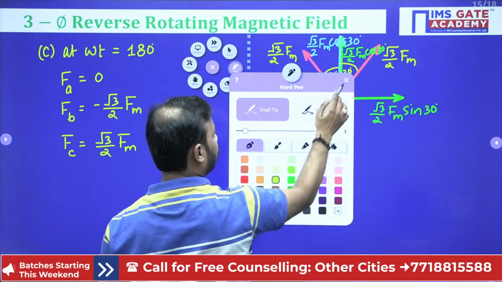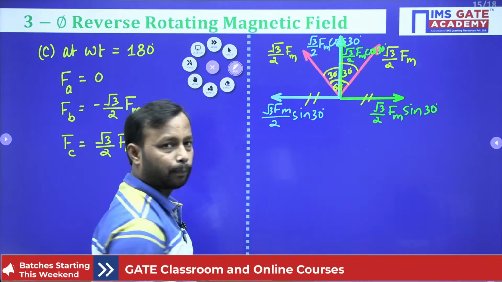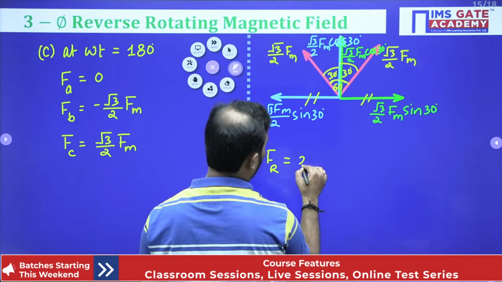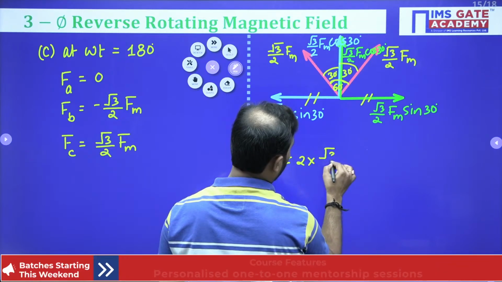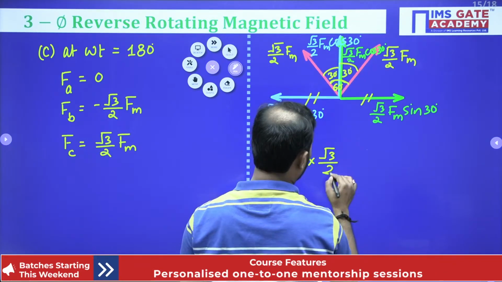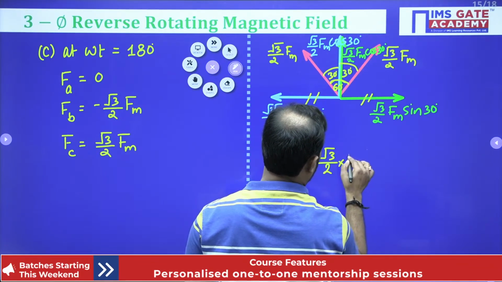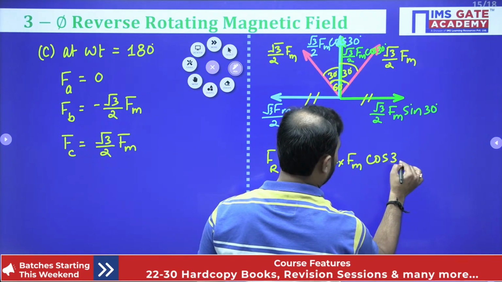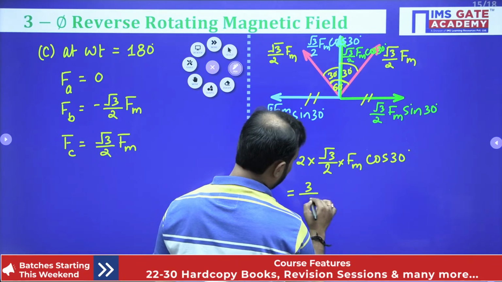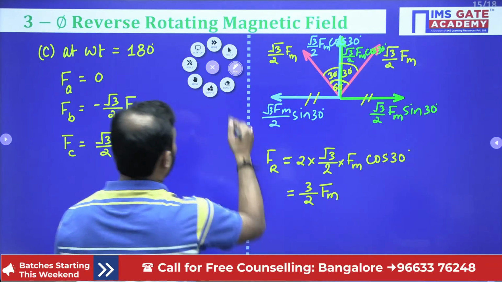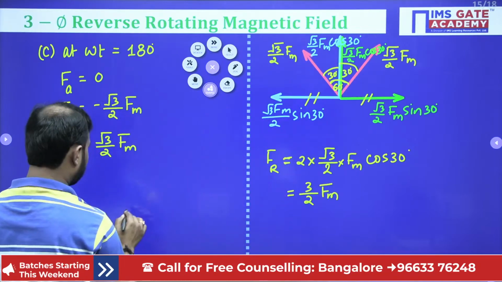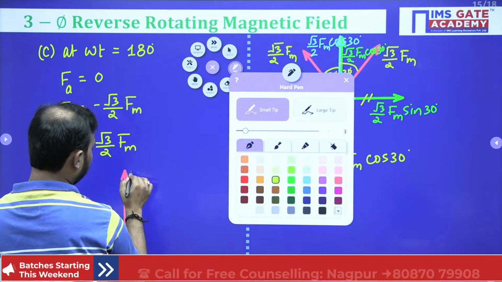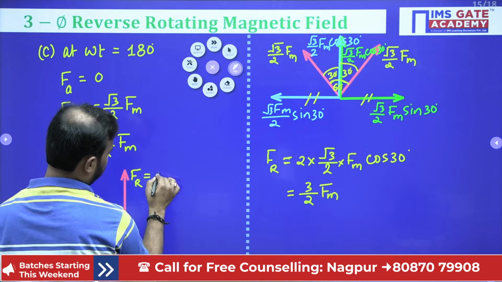So the horizontal component will be cancelled out due to equal and opposite values, and we are left with the resultant Fr, which is equal to 2 times of root 3 by 2. These two values are same, na? Root 3 by 2 Fm cos 30. So here you will get 3 by 2 Fm. So the resultant here is upward direction. So let me draw. This is equal to Fr, 3 by 2 Fm.